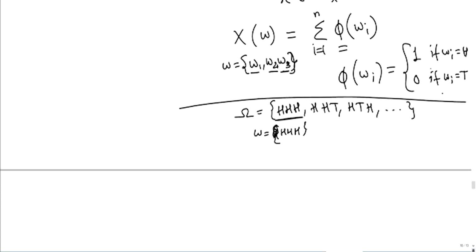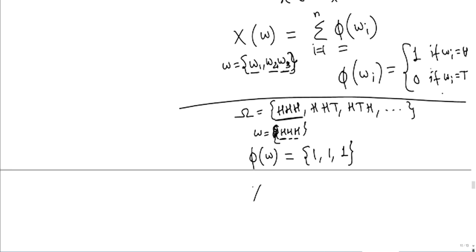And you can define phi of omega. Phi of omega would have value 1 if the outcome is H and 0 if it is T. So, it should be 1 1 1 like this. So, phi of omega would be a vector containing 1 1 1.